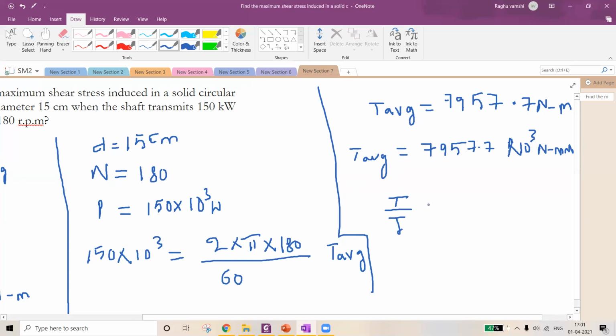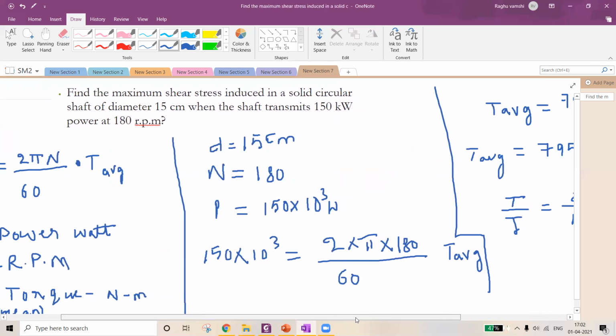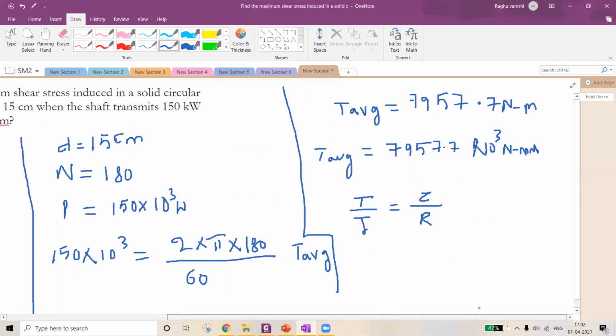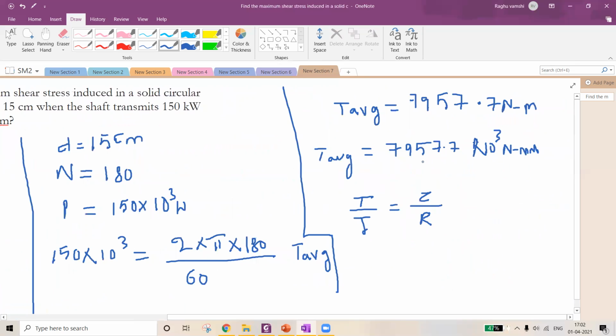Now we all know that T by J equals tau by R. This is the torsion equation. From this torsion equation, we substitute the values we have, the diameter 15 centimeters and the T average we got.